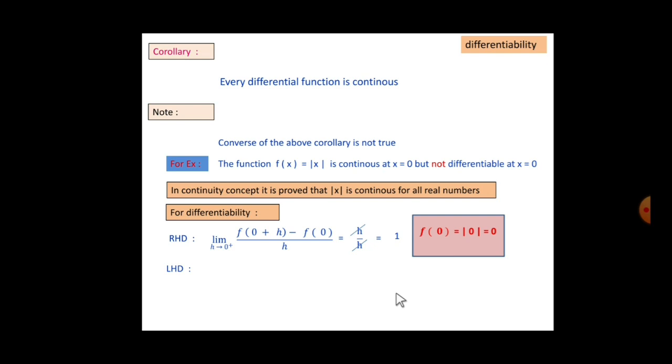Similarly, the left hand derivative is computed like this. Limit as h tends to 0 minus, f of 0 plus h minus f of 0 divided by h. Now what does f of 0 plus h become?